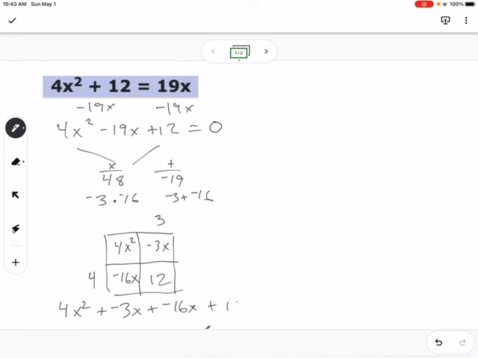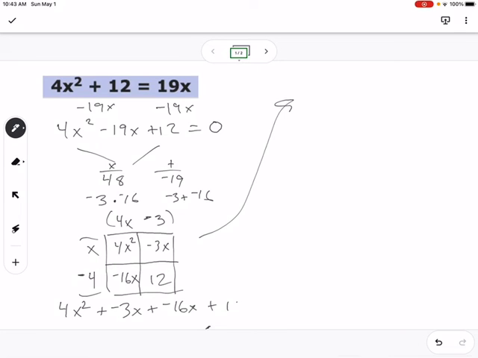And then how am I going to get my 4x squared here? I could have a 4x and an x, for example. And now let me just check that. If I go down, I get 4x times x to get 4x squared, 4x times 4, but that's going to have to be a negative to make that negative 16x, and that's going to have to be a negative to make that negative 3x, and positive 12. So it works.